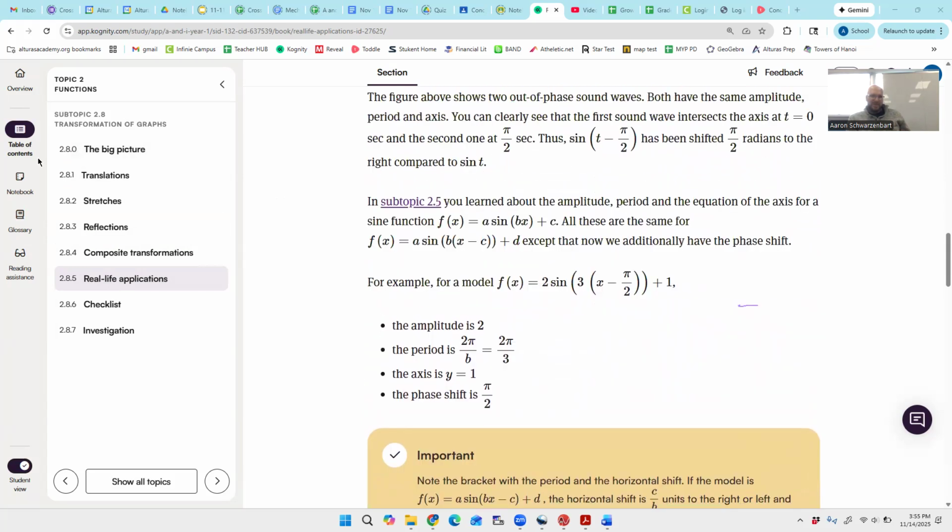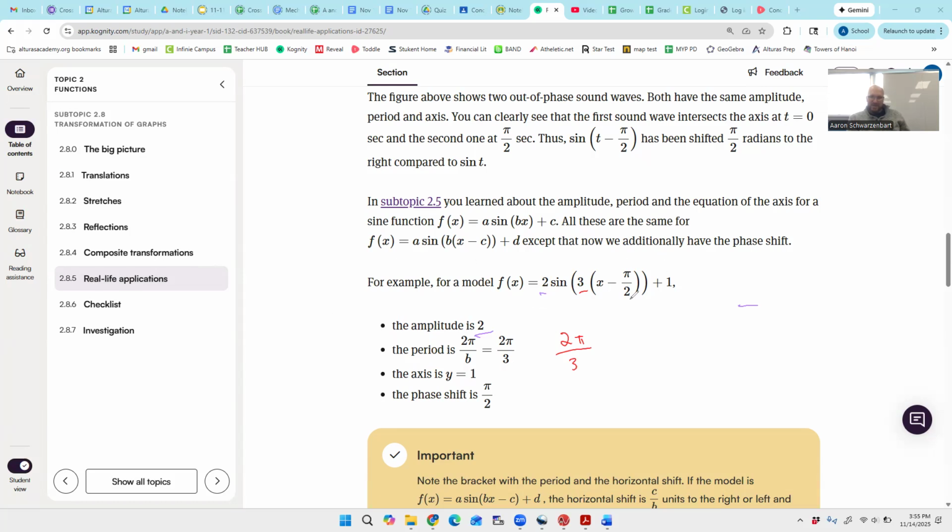So if I'm looking at this particular function here, I want to identify it. I know it has an amplitude of 2, because it's there. I know its period is 2 pi over b, or 2 pi over 3.